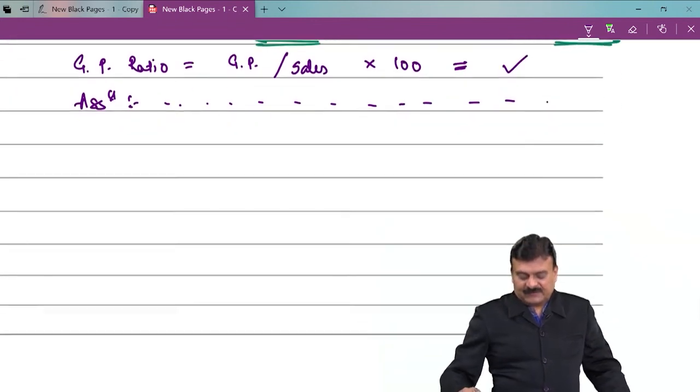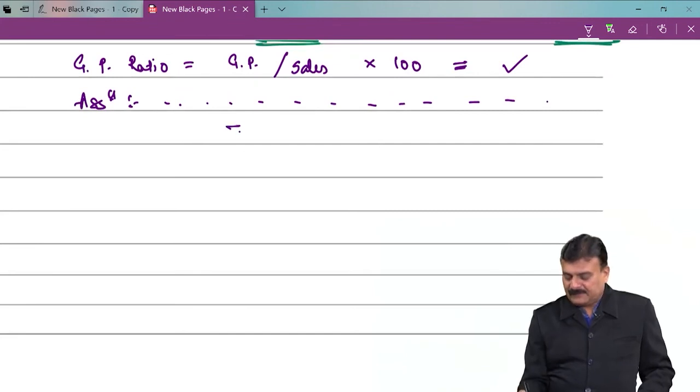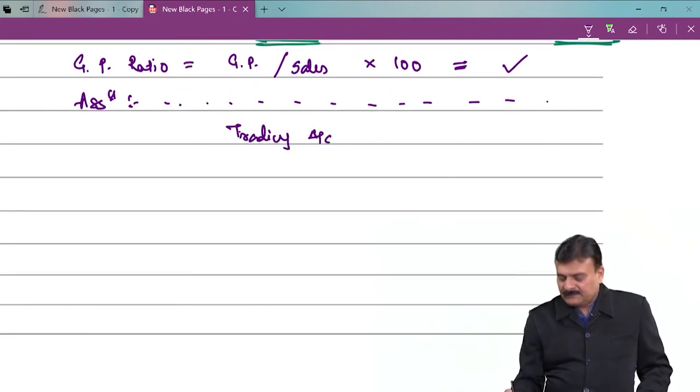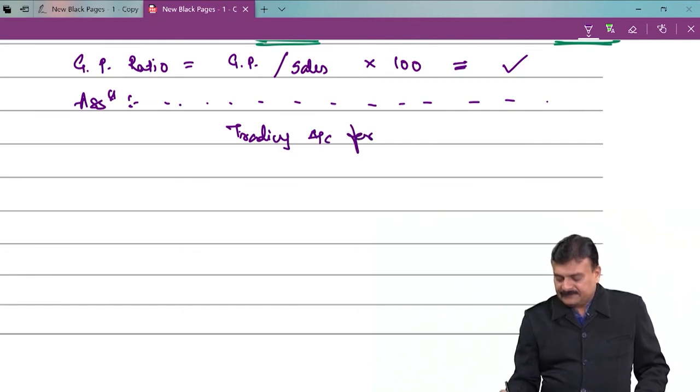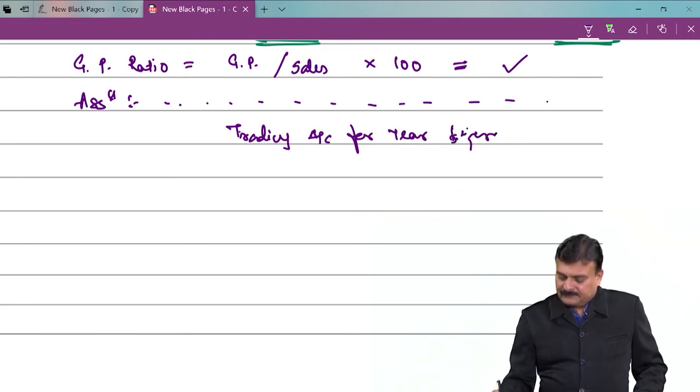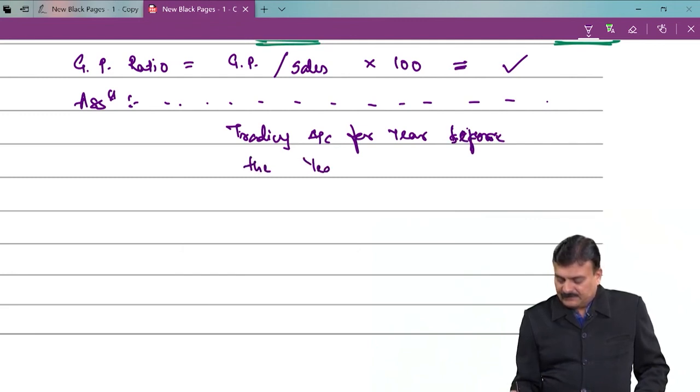What do you mean by last year? So I will prepare a trading account for the year before the year of fire.